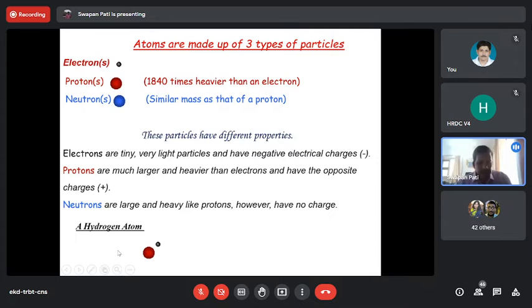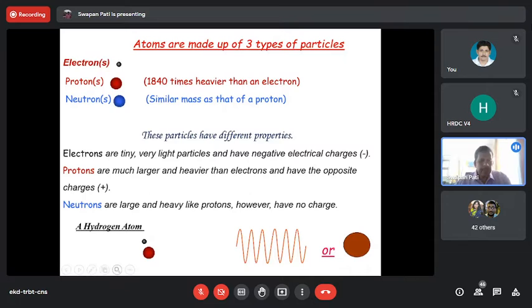In a hydrogen atom, the nucleus is in the center, and the electron moves around in a symmetrical manner. The ground state is 1s, a spherically symmetric function, and the electron can have either a particle nature or a wave nature. That's what de Broglie said: wave-particle duality. So it can stay either in particle form or in wave form.